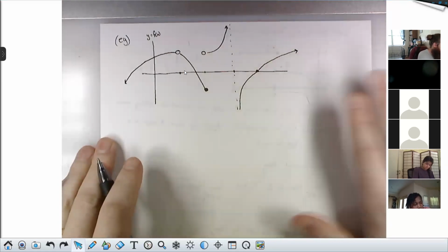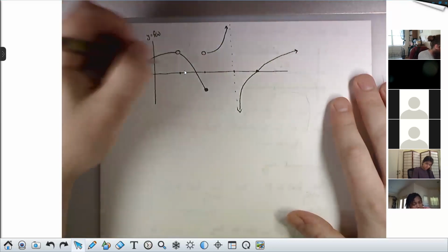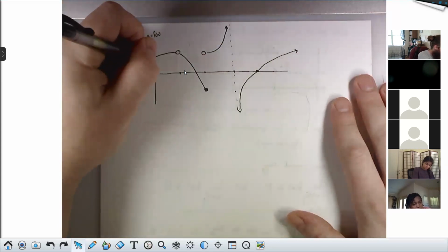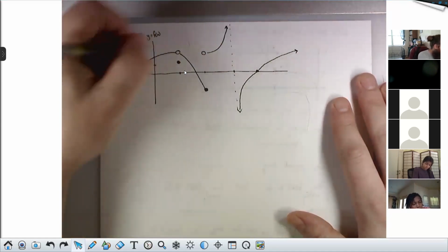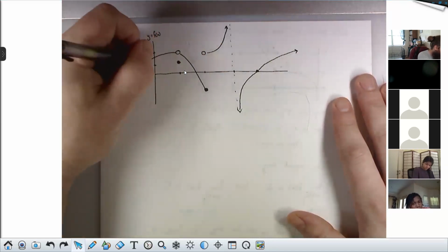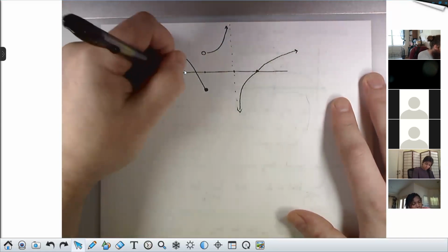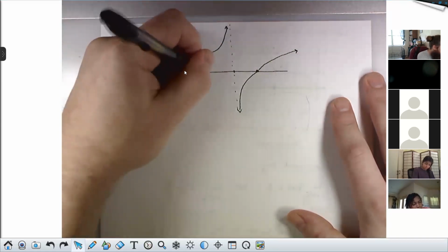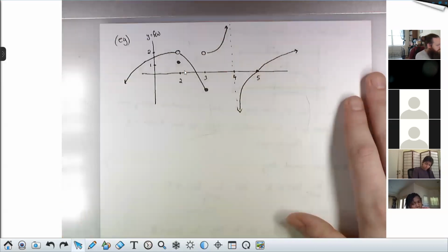Okay, and let's define this one right here to be this. So I'm going to call this height right here 2. I'm going to call this height right here 1, and then I'll call this 2, 3, 4, and 5.